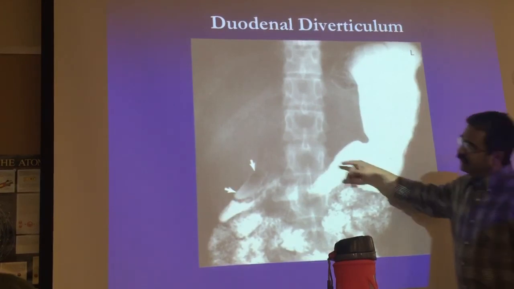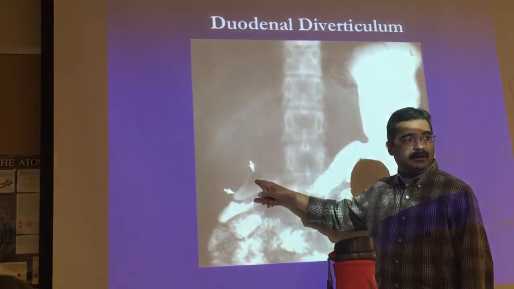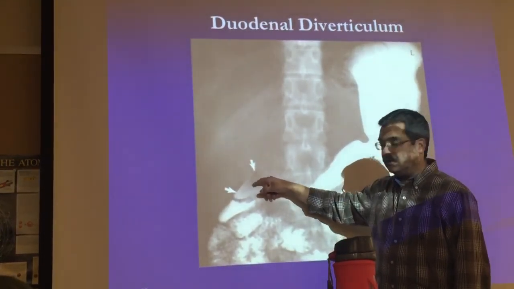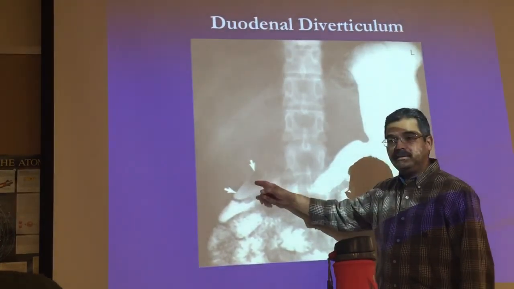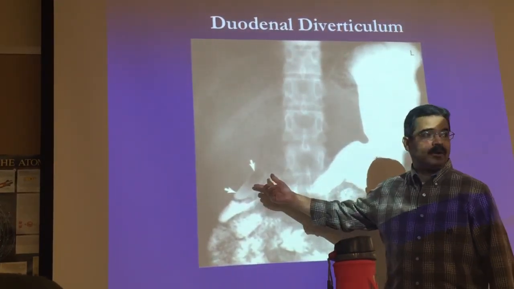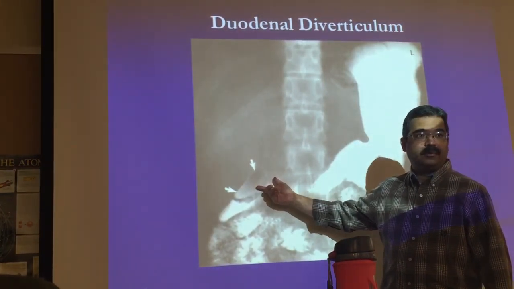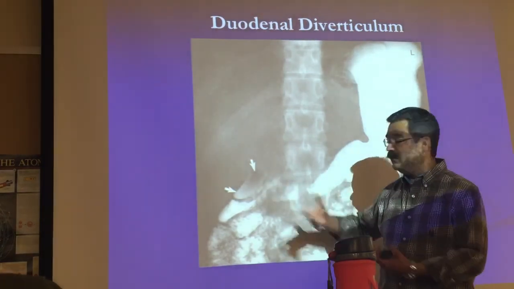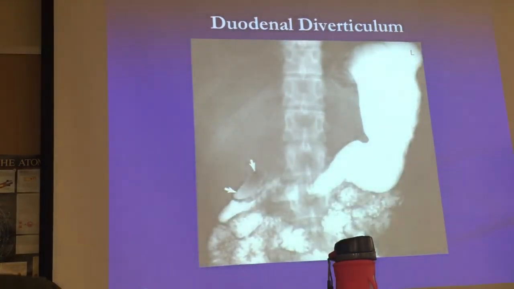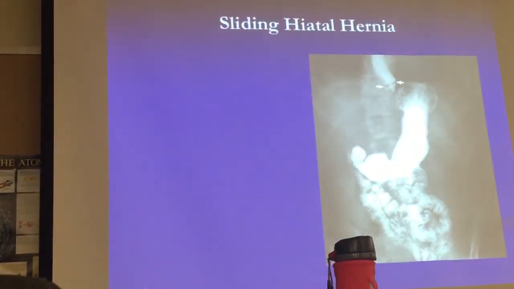The problem is that a lot of times food content can get in there, and a lot of times it doesn't come out, just like the appendix. Okay, goes in, doesn't come out. What happens when you have food in there for 3 or 4 days? Decomposes, right? And then you begin to get an infection in there.